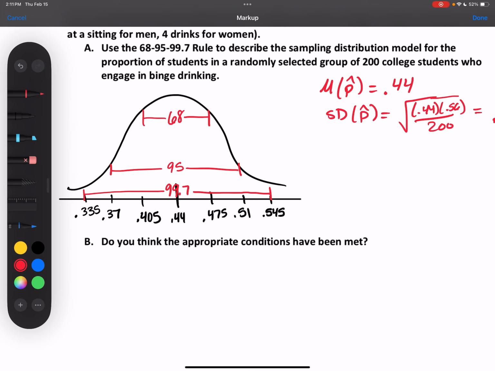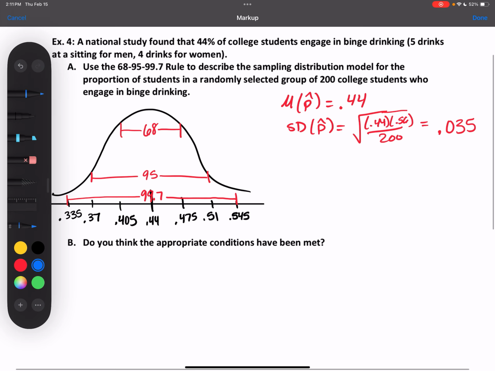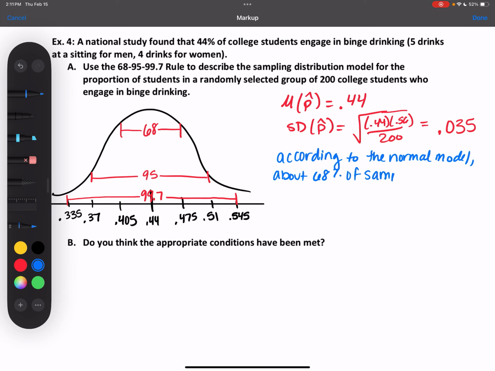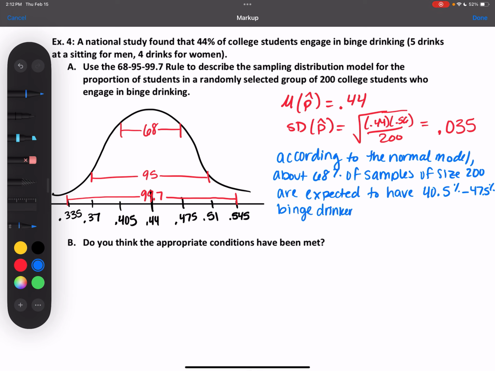Typically, if you were on an AP exam, what you would need to write is something along the lines of, I'm not going to write out the whole thing, but according to the normal model, about 68% of samples of size 200 are expected to have 40.5% to 47.5% binge drinkers, about 95%, and then you'd keep going, following that pattern all the way out.